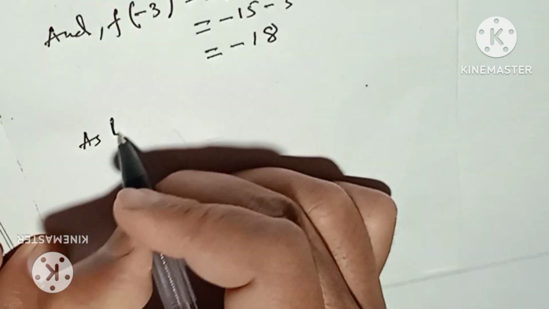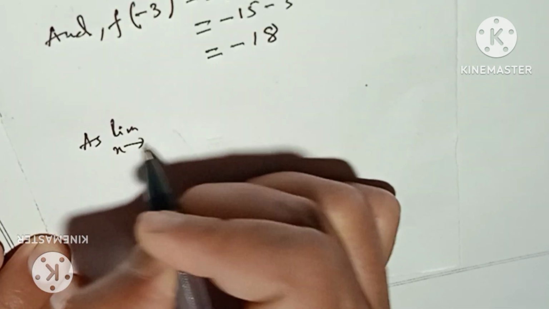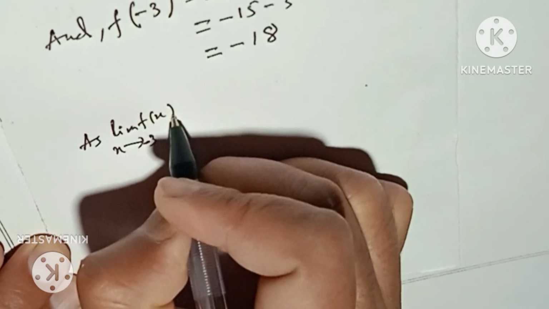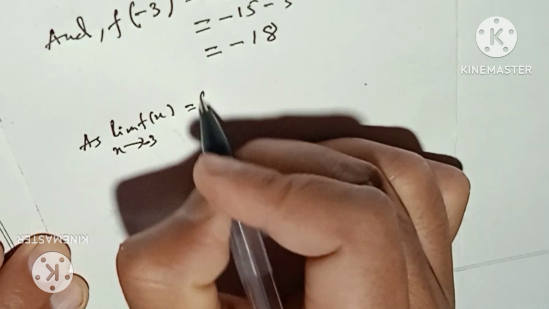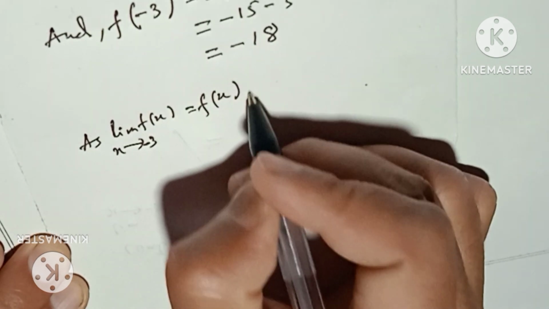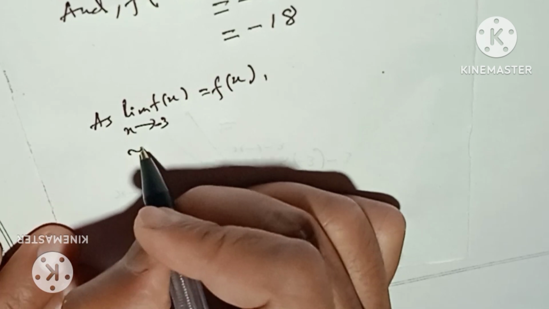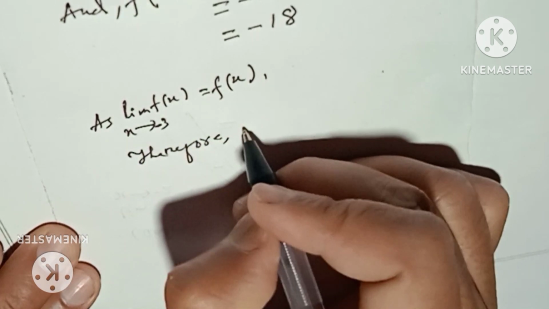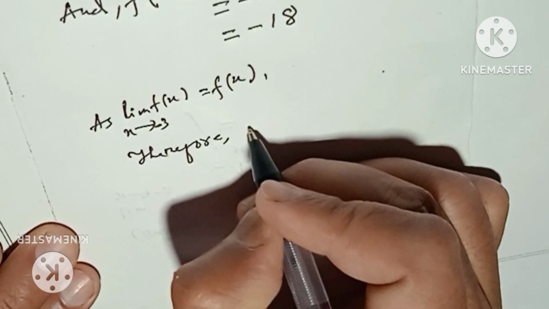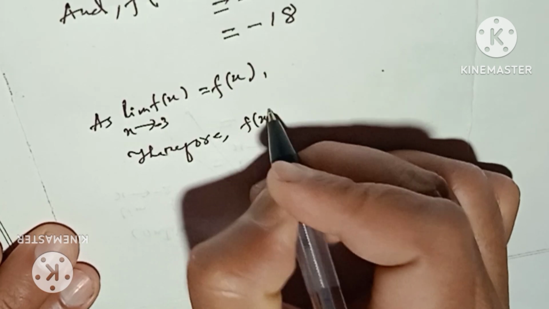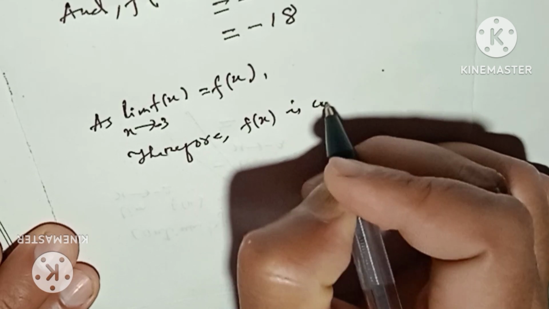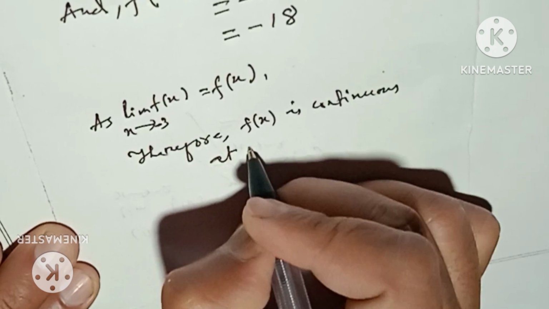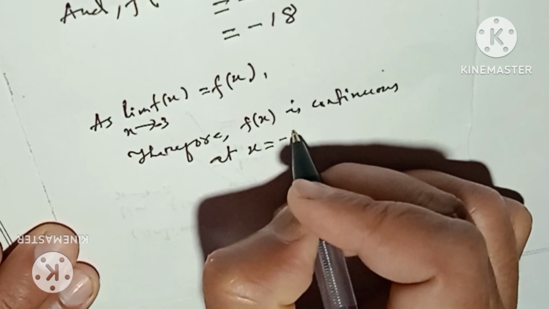As limit x tends to minus 3 of f of x equals f of minus 3, therefore f of x is continuous at x equal to minus 3.